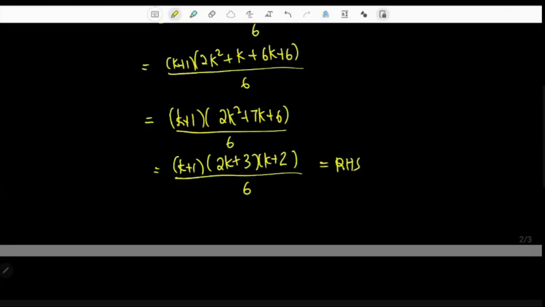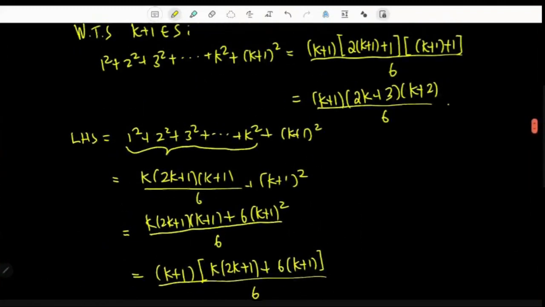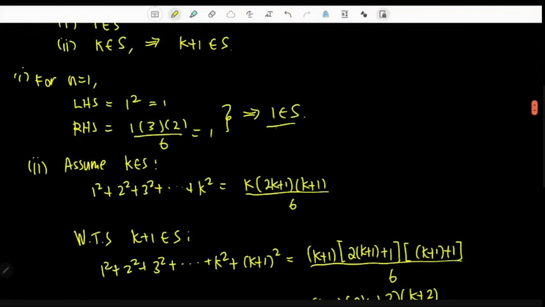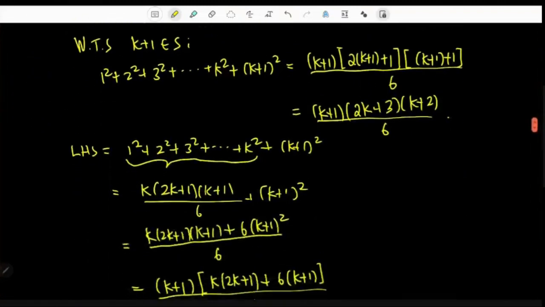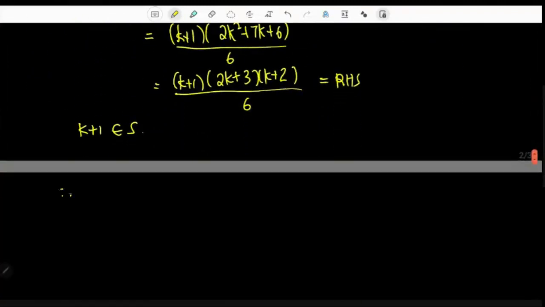So what does this tell us? This tells us that k plus 1 is indeed in S. So we're able to show two things. First, that 1 is in S. And second, whenever we assume that k is in S, we were able to show that k plus 1 is also in S. So using weak induction, we can now conclude that S is the set of natural numbers.